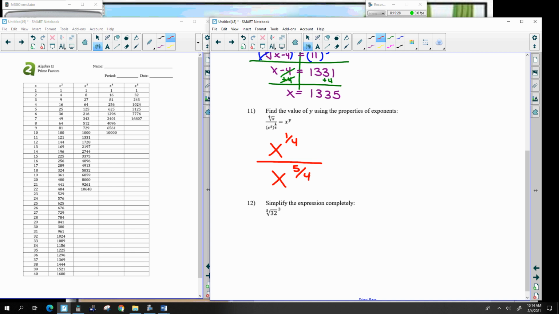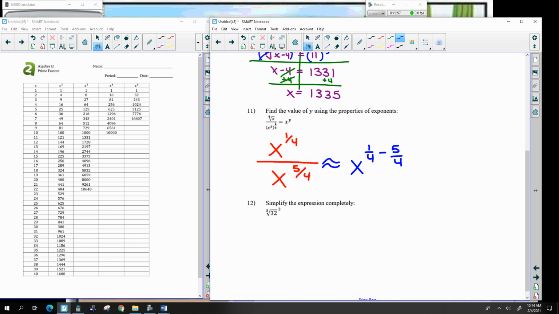Okay, so now I am left with a division. The division is the same thing as a subtraction. It is the top minus the bottom. Okay, a division is the same thing as a subtraction in the world of exponents. So this is telling me, in essence, this is 1/4 minus 5/4.